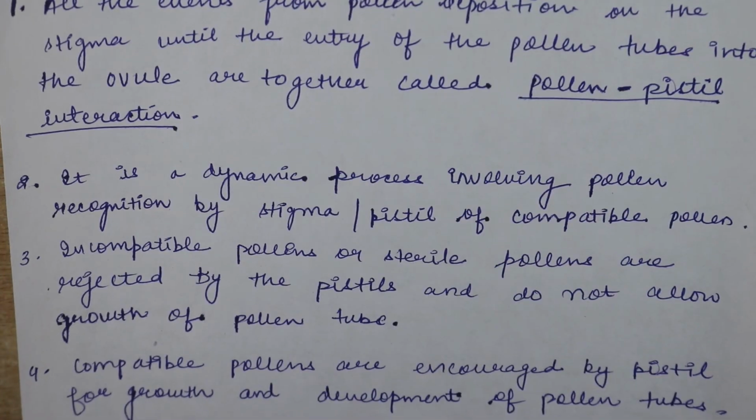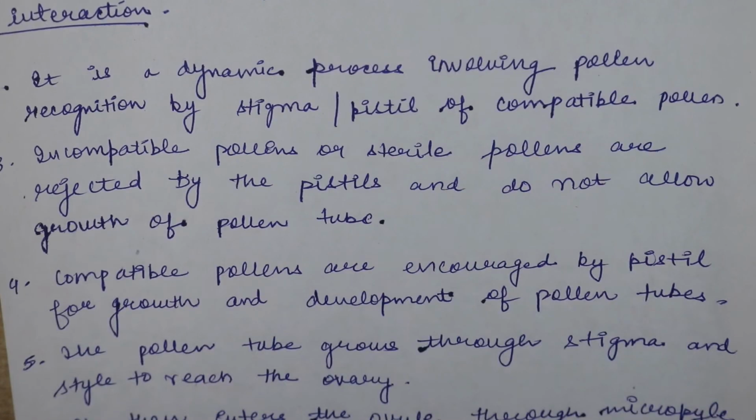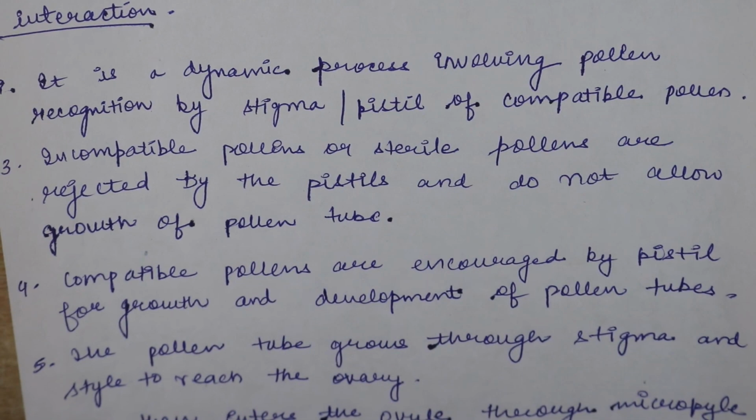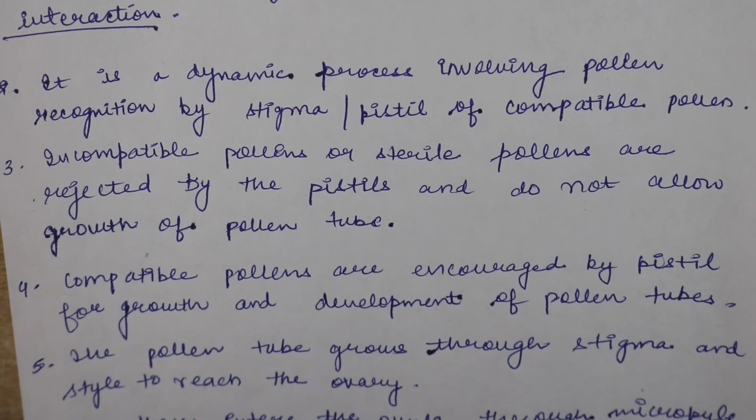Then it is a dynamic process involving pollen recognition by the stigma and pistil of compatible pollen. The third point is incompatible pollen or sterile pollens are rejected by the pistils. So the incompatible and the sterile pollens get rejected by the pistils and do not allow growth of pollen tube.